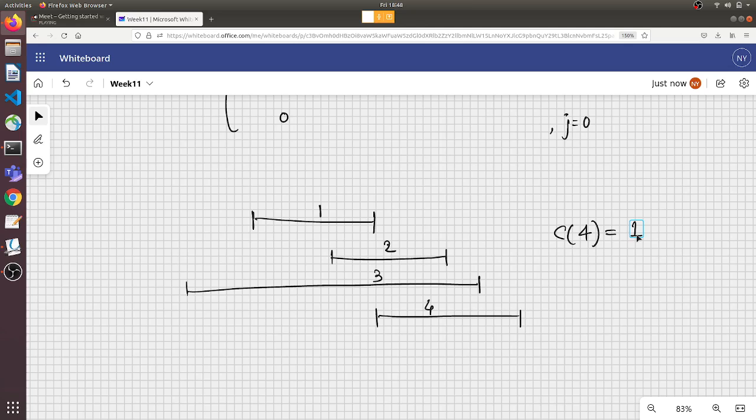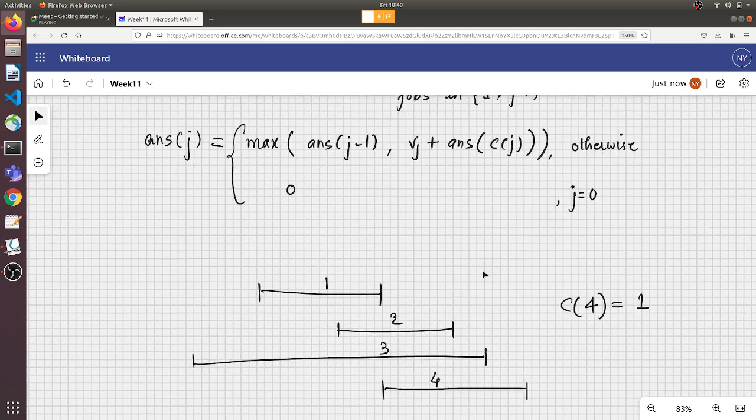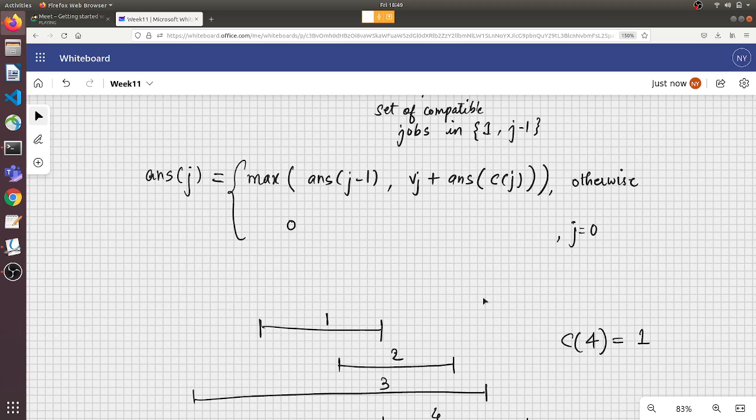Overlap with the base case, I think. Okay, let me think about it. So j equal to 0, we are saying. j equal to 0 means 0 jobs, so there is no job. If there were one job, say j equal to 1 means first job, that would have been compatible with itself. There is no other job.